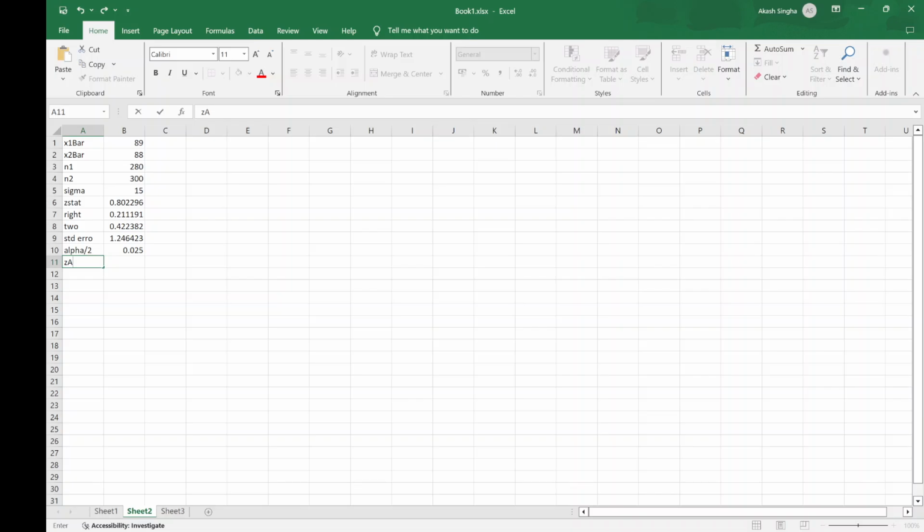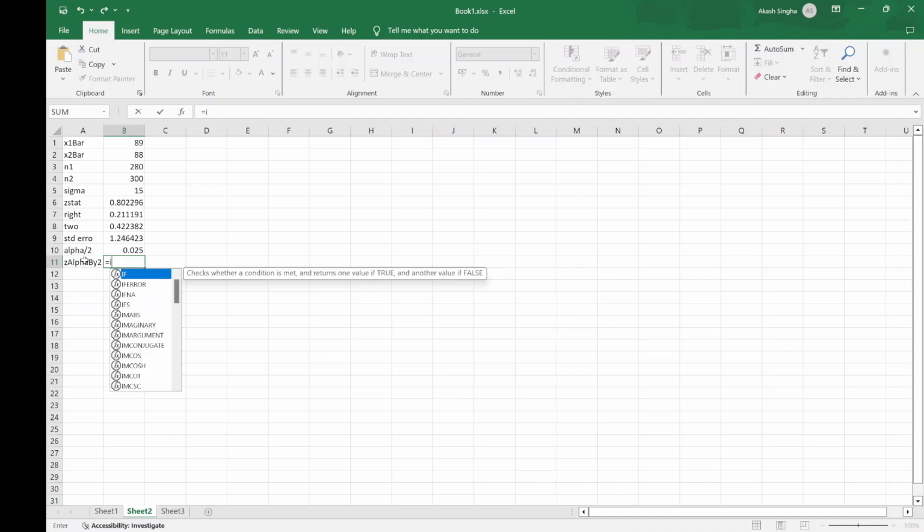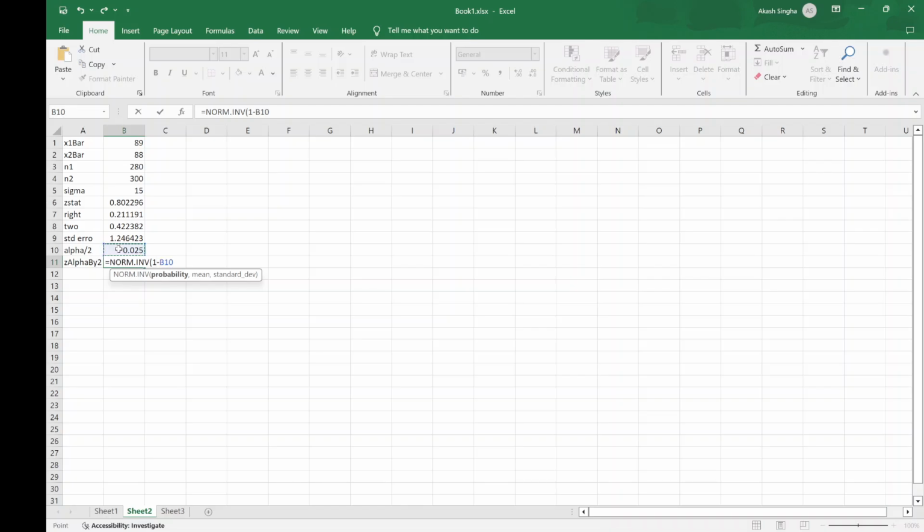Z alpha equals NORM.S.INV of 1 minus this value. So MOE will be z alpha by 2 into standard error.